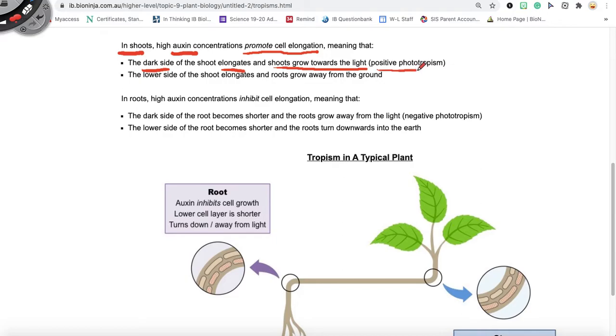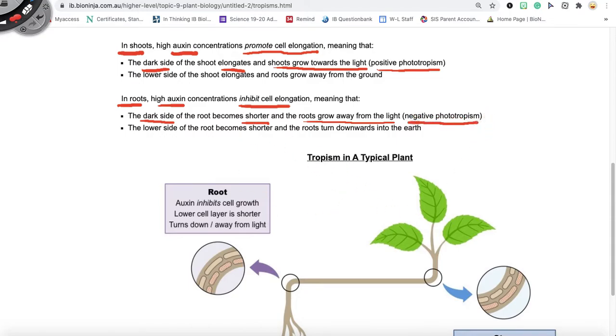And this is what we refer to as positive phototropism. But in roots, high auxin concentration is going to inhibit cell elongation. So we have antagonistic effects here. The dark side of the root becomes shorter instead of elongating, and the roots are going to grow away from the light. And this is an example of negative tropism.